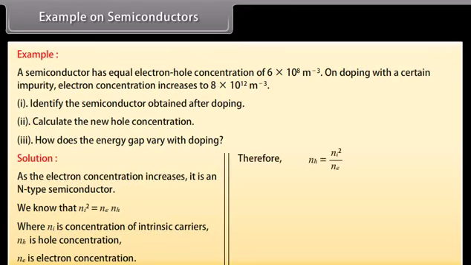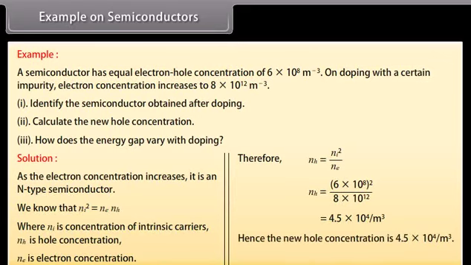Therefore, Nh is equal to Ni squared divided by Ne. On putting the values, we get Nh is equal to 4.5 × 10^4 per meter cube. Hence, the new hole concentration is 4.5 × 10^4 per meter cube. With the doping, energy gap decreases.